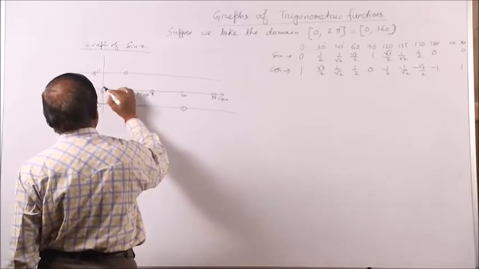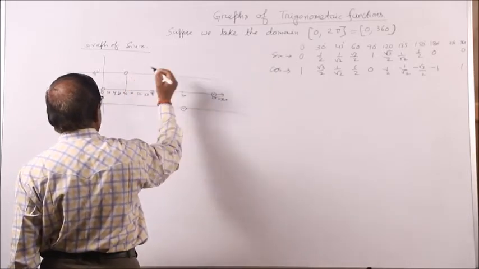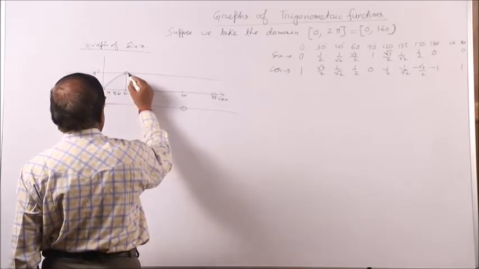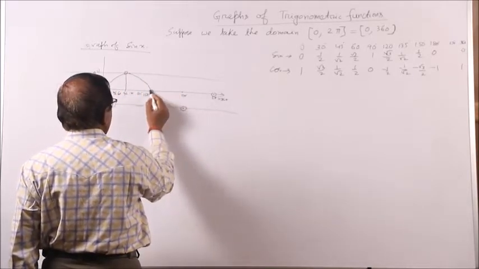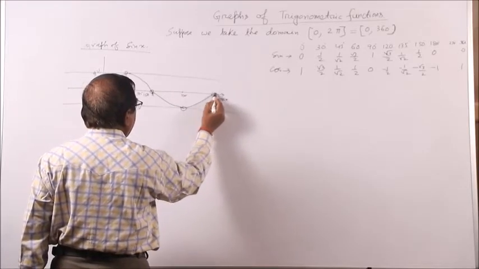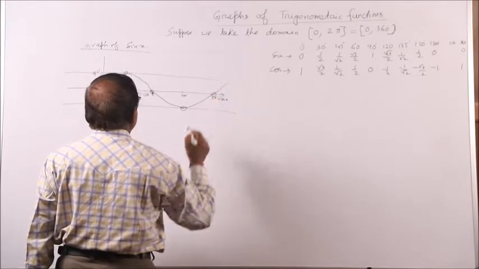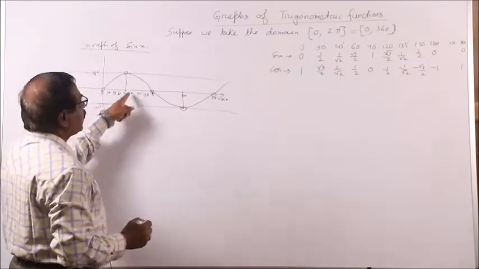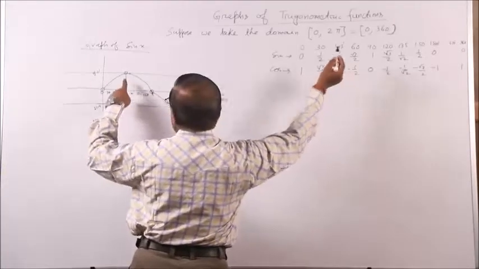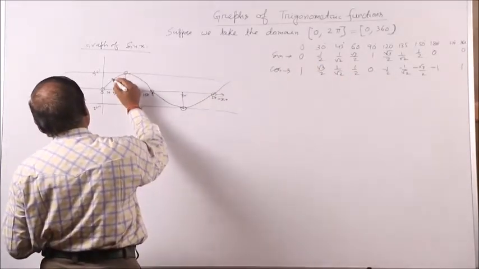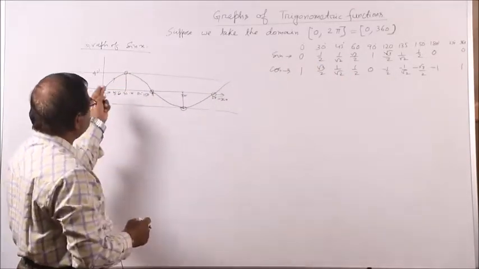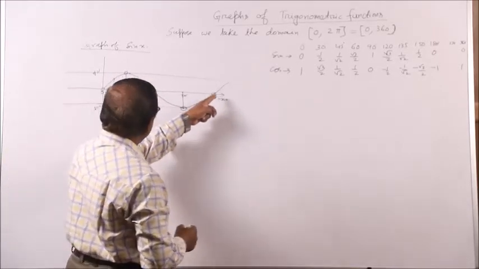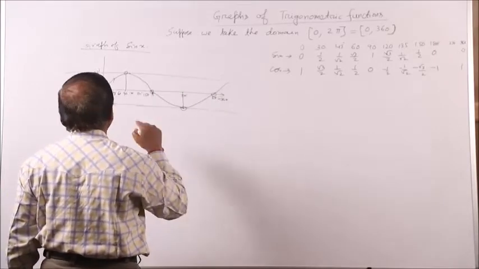You see this picture. Sin 90 is 1 here. Here you see this value increases from 0 to 1, then decreases up to minus 1, then to 0, and you see the graph of cos x here.